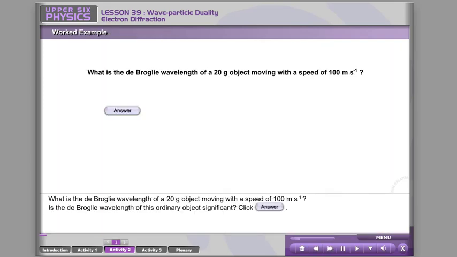What is the de Broglie wavelength of a 20-gram object moving with a speed of 100 meters per second? Is the de Broglie wavelength of this ordinary object significant? Click the answer button.